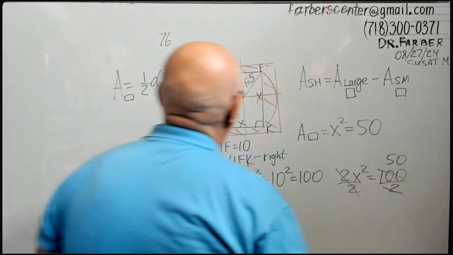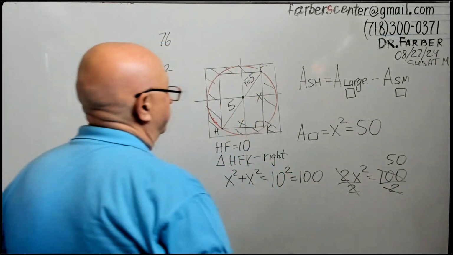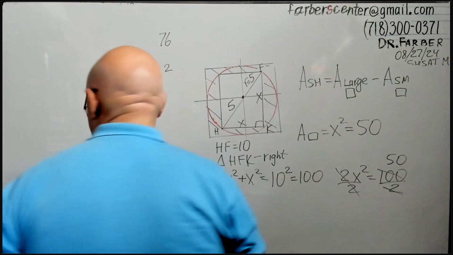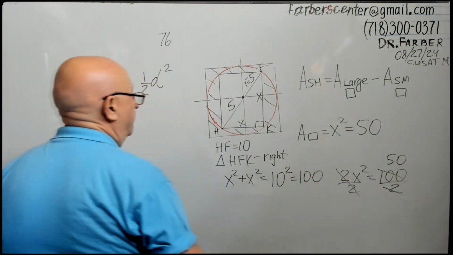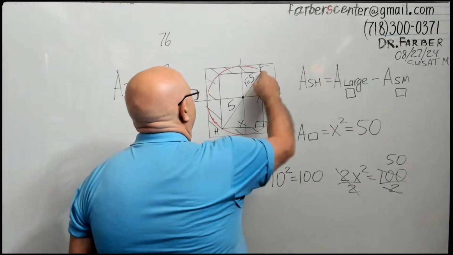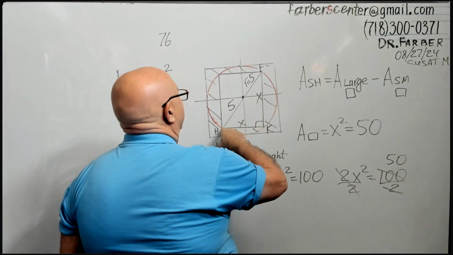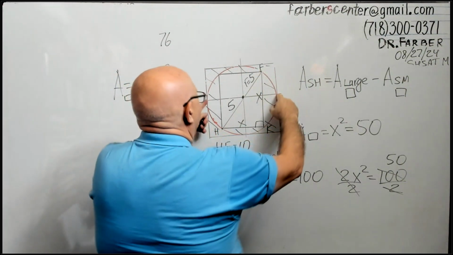Now, how to find? They ask you one more time. They ask you to find area of this one, right? Yes. Okay, that was just clarified. But look at this. If this HF is diameter, and this is rotated, it's also diameter.